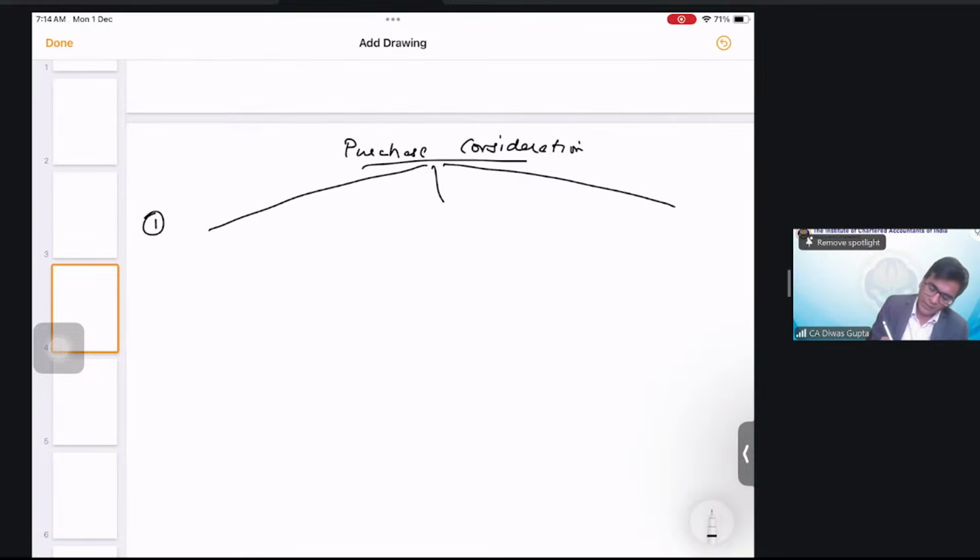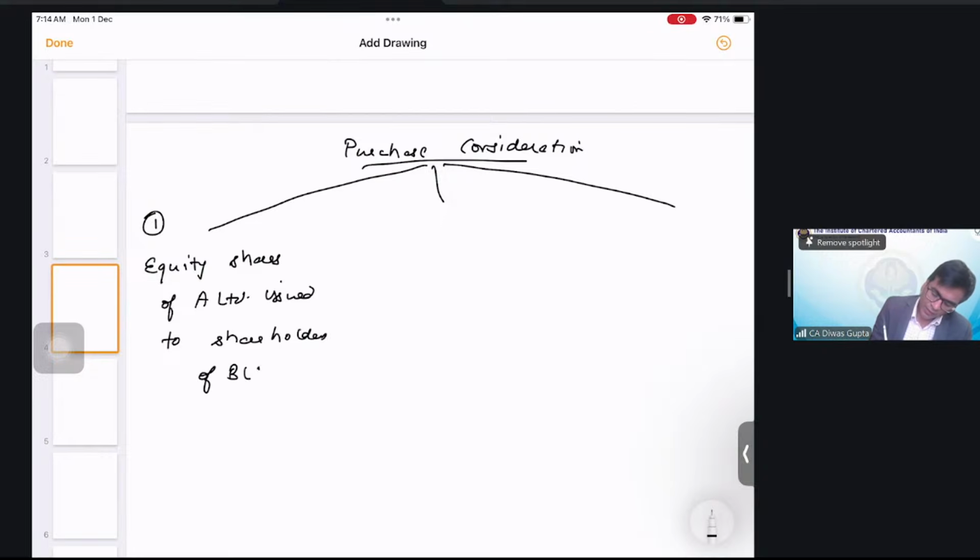The first form can be equity shares of A Limited issued to shareholders of B Limited. Please note this point, students.